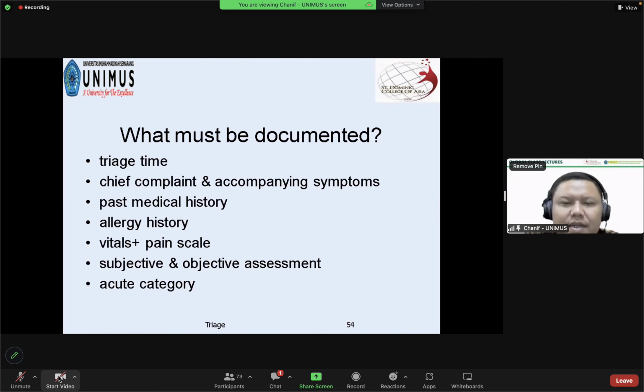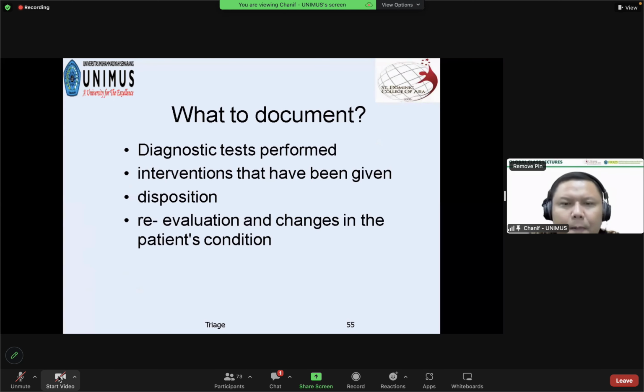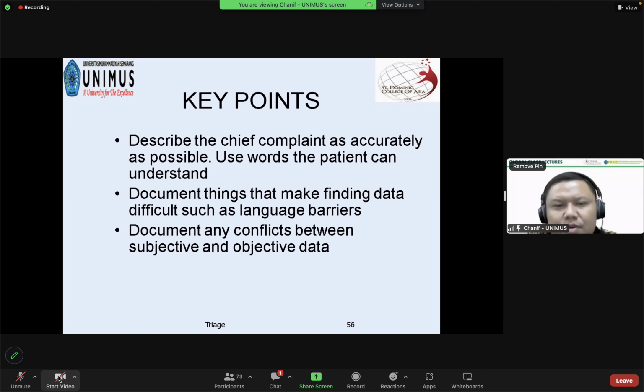Then chief complaint and accompanying symptoms, past medical history, allergy history, vital signs and pain scale, subjective and objective assessment, and also the acuity category. Also document diagnostic tests performed, interventions given, disposition, and the evaluation and changes in the patient's condition. These are key points.